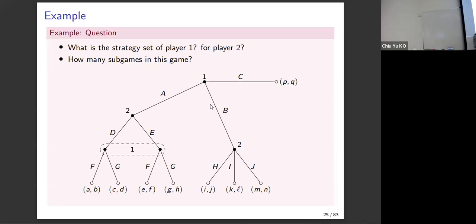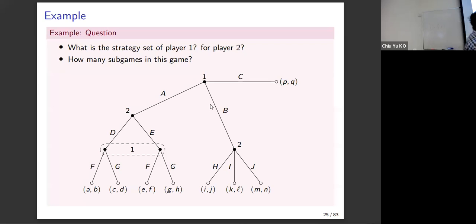Do note that player 1 cannot choose both F and G. It's either F or G, because he doesn't know where he is. Here there is only one strategy, F or G. Cannot do GF, cannot do FF. When you do F, it's the same; G is the same. So only two choices: A, B, C, and F or G, so only 6. What about player 2?